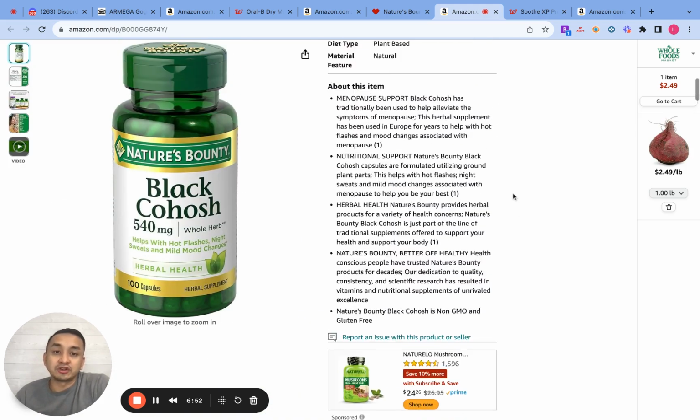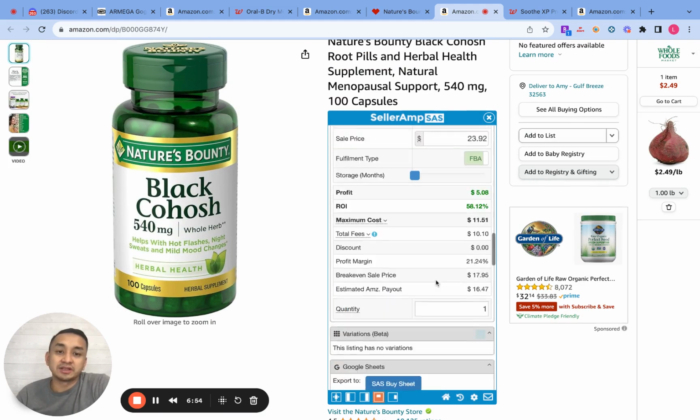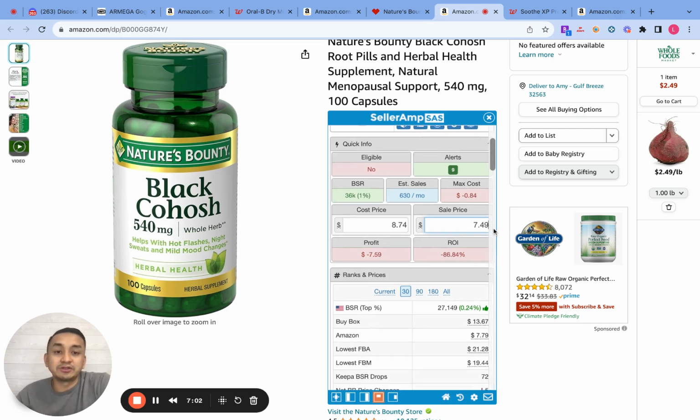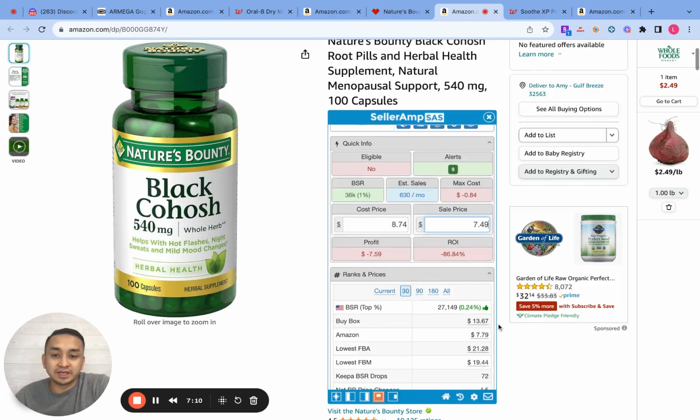So if you guys run the numbers, if Amazon goes back on the listing and drops the price to $7.49, you guys are going to be losing money, right? You guys are going to be losing 86% ROI on your money.